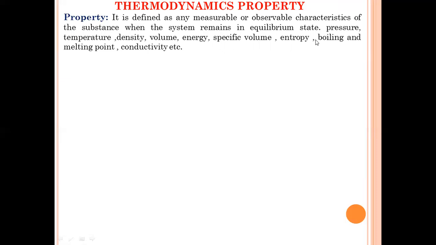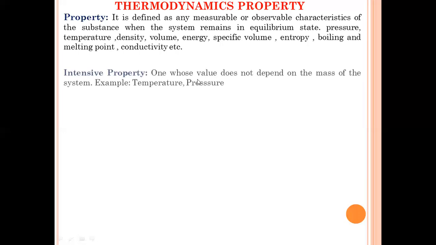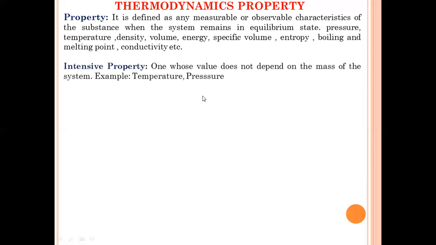The properties are like pressure, temperature, density, volume, energy, melting point, boiling point, conductivity, etc. These are the properties associated with the substance, and they can be classified into different categories: intensive property and extensive property.